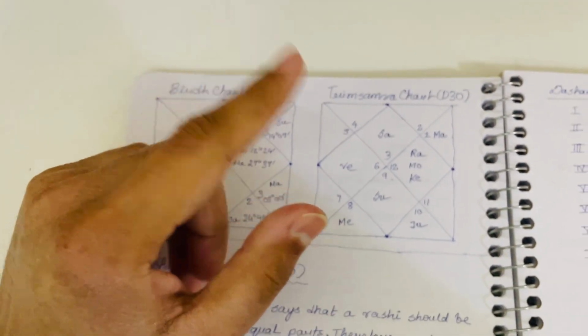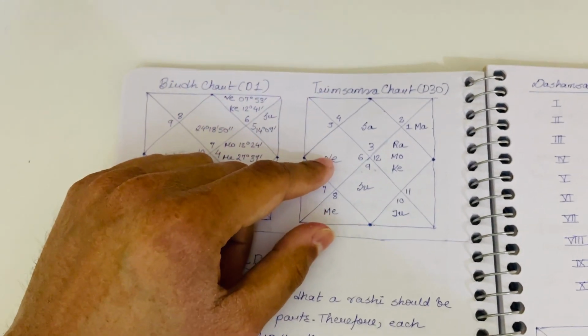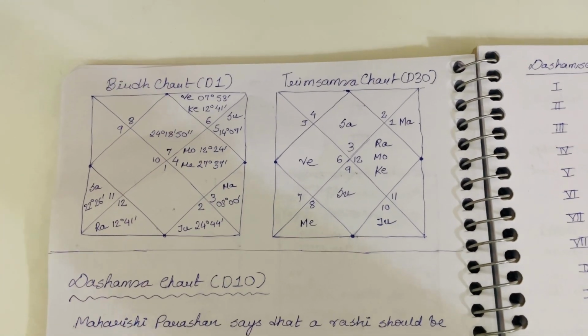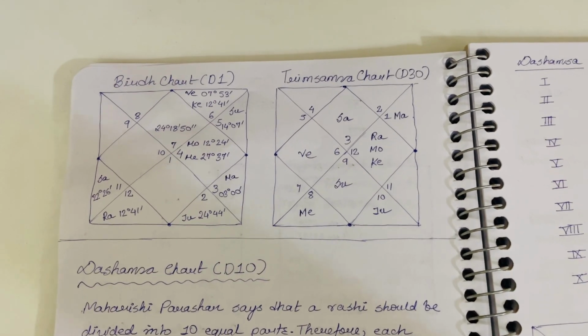In the Hora chart also something was common which is there in the Trimsamsa chart also. What is that particular detail?